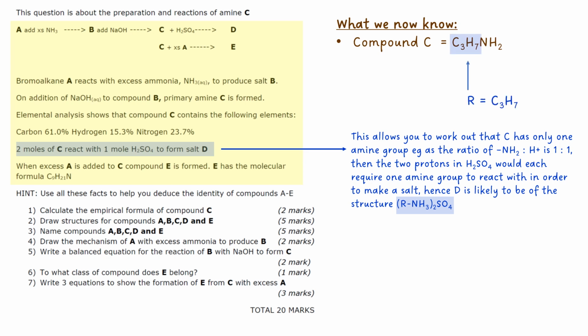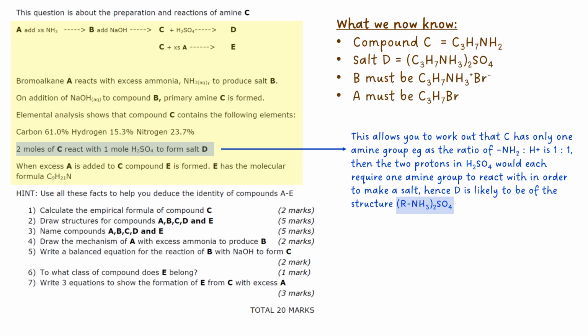Thinking about R being C3H7, then C3H7NH3 twice in the structure that we've come up with already would suggest that salt D is (C3H7NH3)2SO4.